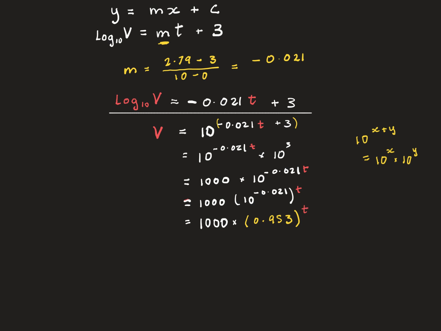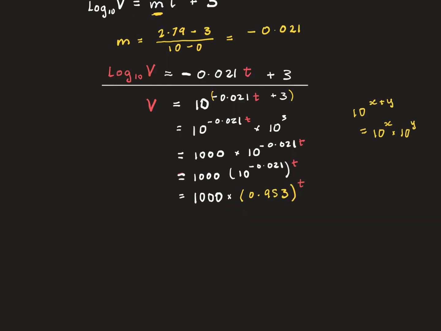The calculator, of course, gave us a much longer number, but we only wanted 3 significant figures. So we're able to say that A is equal to 1,000 and B is equal to 0.953, and we can write our complete equation as V equals 1,000 multiplied by 0.953 to the power of t.